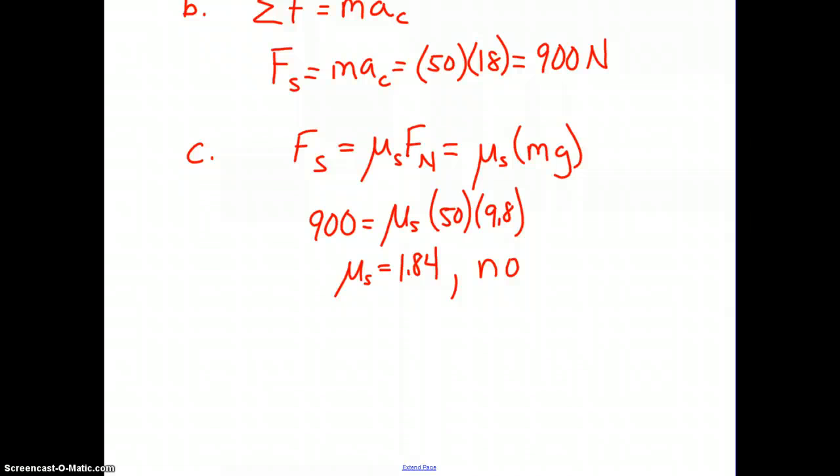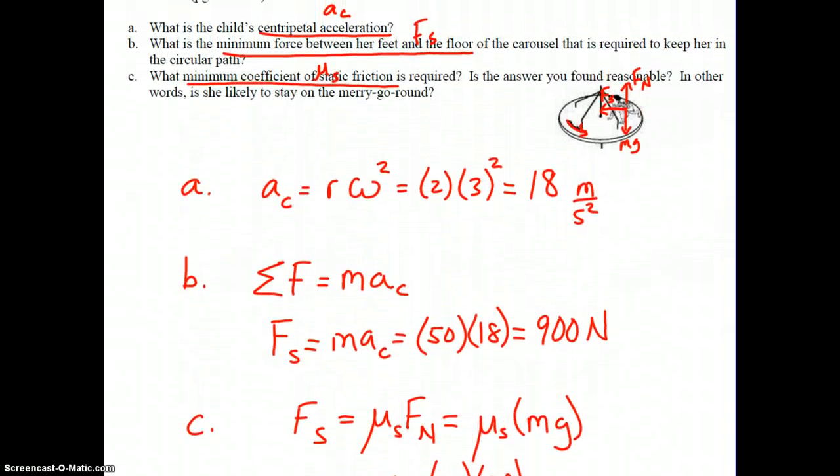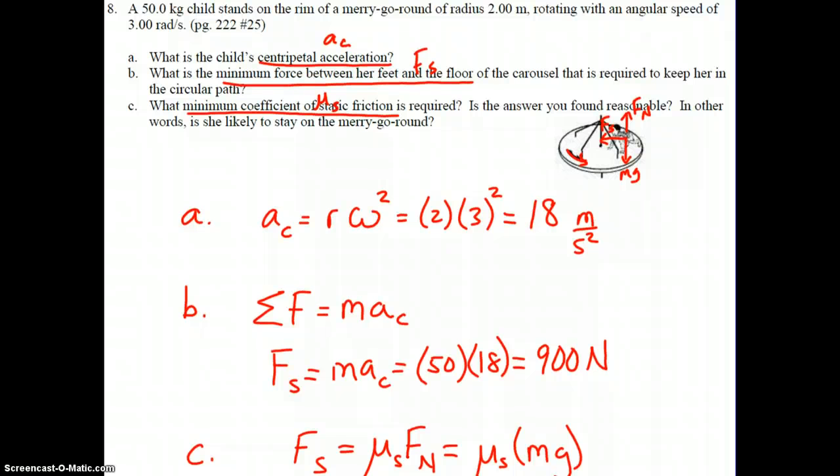So we understand that she probably would go flying off of this merry-go-round, tangent to the circular path, which would make for another interesting physics problem, because she goes flying off as a horizontal projectile, and we could calculate her range, time in the air, and things of that nature.